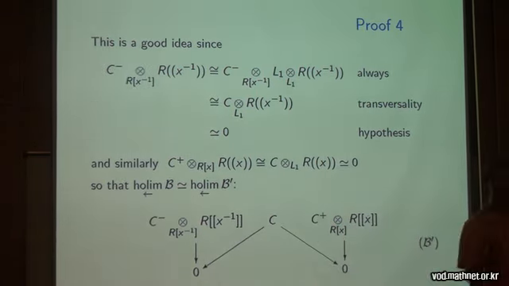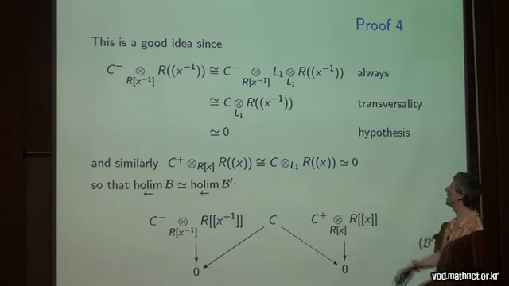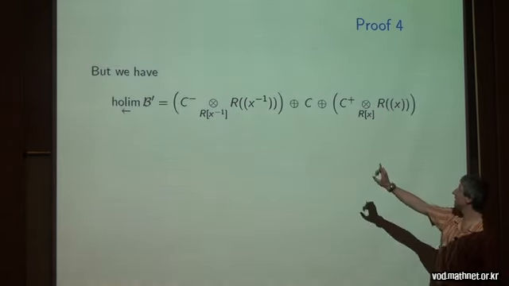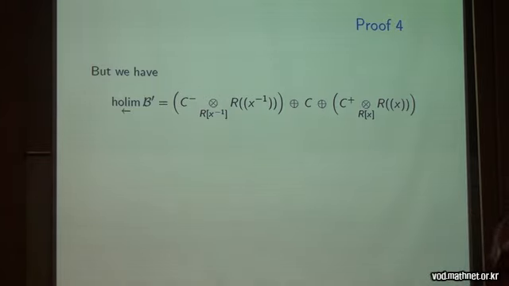I can just replace them by honest zeros, and I still get the same up to homotopy in the homotopy limit. Okay, and why is that useful? Because the homotopy limit is just a totalization of a Čech complex, and the totalization of a Čech complex is just a direct sum of these 2 entries, because they don't map to each other anymore. I've just put zeros in the middle.